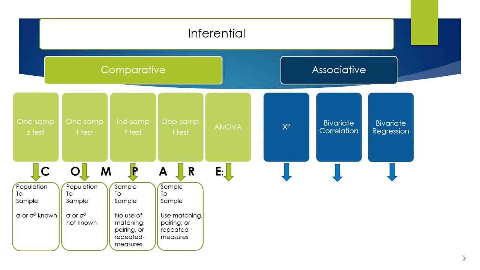So again, we may have a pre-post design where we have the same person before or after an intervention, or we may have a matched pairs design where 2 individuals have been matched on some variable of interest prior to the start of the study, and then we assign individuals from each of those pairs to our 2 conditions. So one individual from a pair goes to one condition, and the other individual from a pair goes to the other condition.